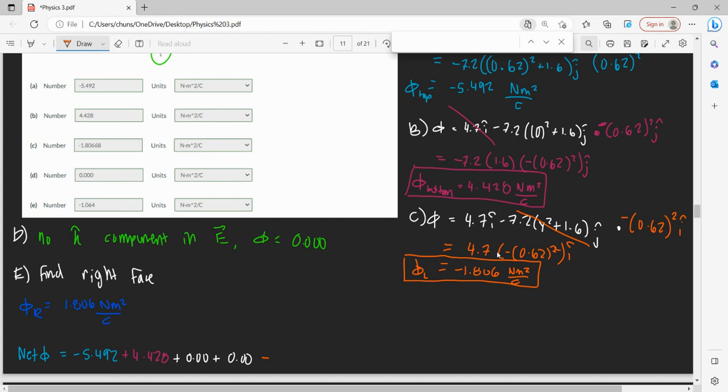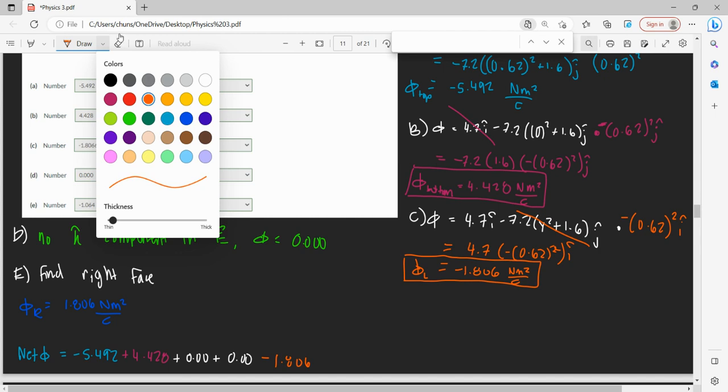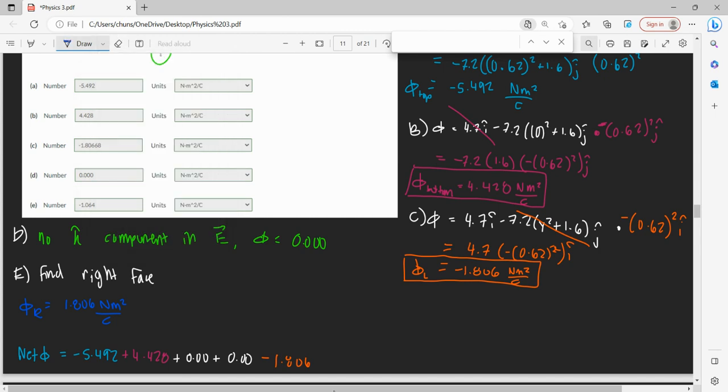Our left face, and we see that our right face is the same, and that these two cancel, so we're only going to add up our first two, so that's negative 5.492 plus 4.428, and this is negative 1.064 is our net flux through the cube.